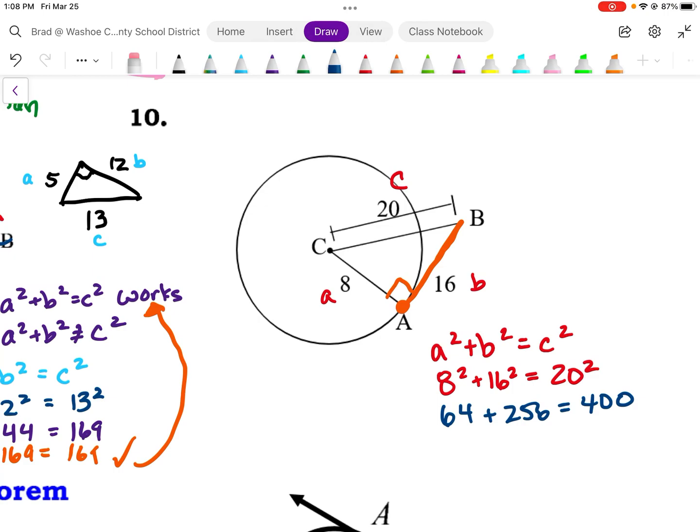Now, clearly, this is not going to work, because when we add those, I get 300 here. Excuse me, 310. We'll fix that. 320 even. But that still does not equal 400. So this is a no. So what that means is that AB is not a tangent.